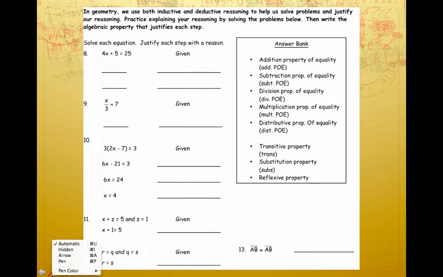Okay, so now we're going to look at some things that you have dealt with many, many times before, which is solving equations. And going back to what I said about math, we say if such and so is true, then such and so is true. We have these things that we call axioms in math.